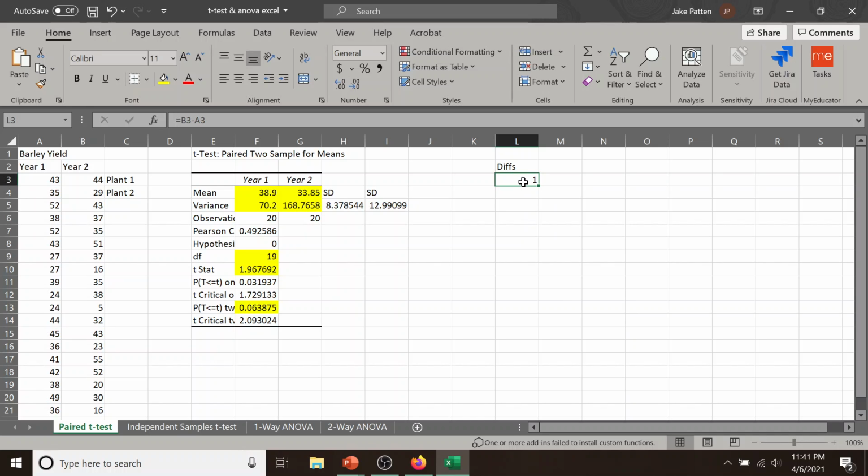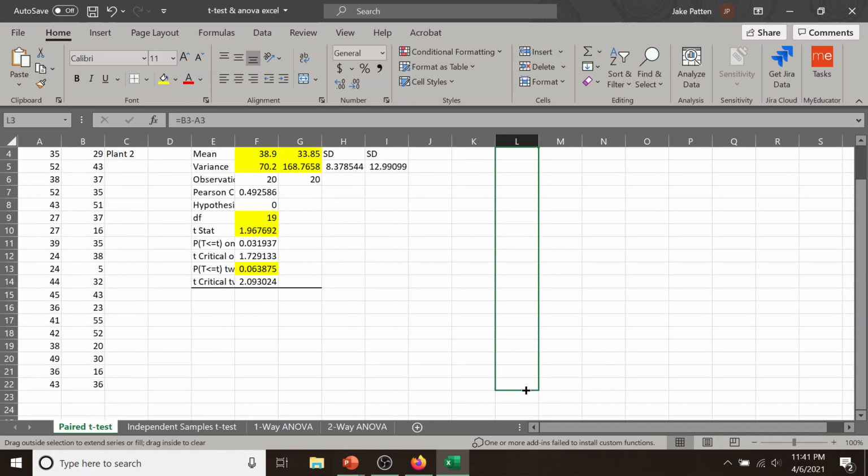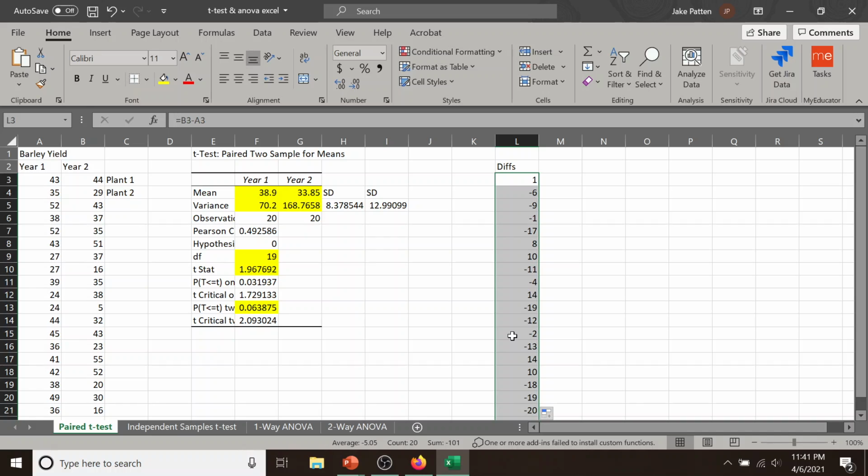Then click on that, go to the fill handle, where your cursor changes, the little dot in the lower right-hand corner, and drag that all the way down until you are equal with the end of your data. So now we have difference scores.